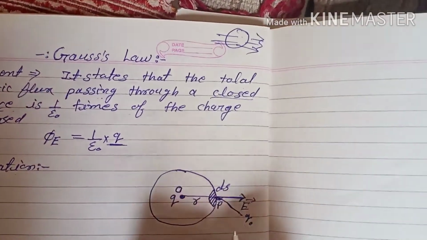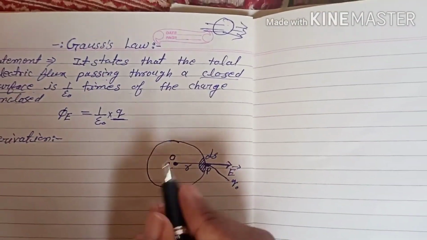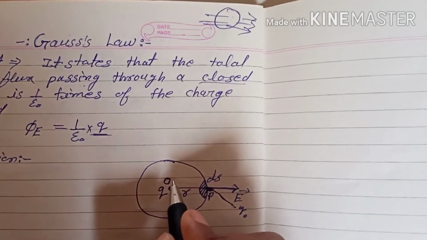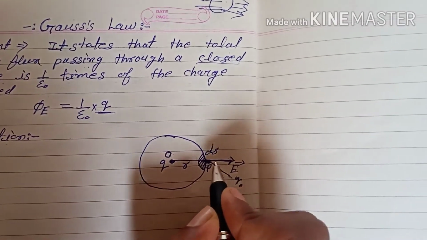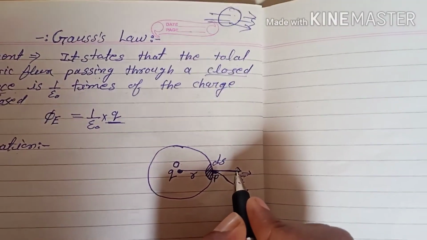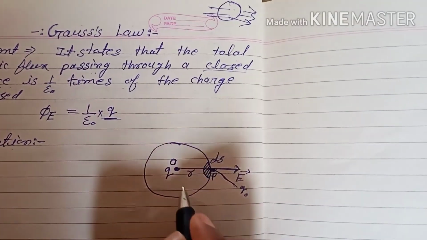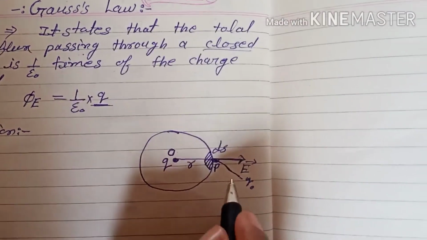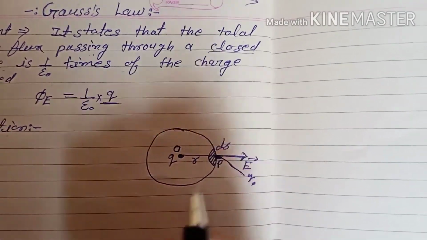So the charge Q is placed at point O, R is the radius, and E is the electric field, perpendicular to ds, or this closed surface. ds is this small area, and Q0 is a charge placed at the point P.